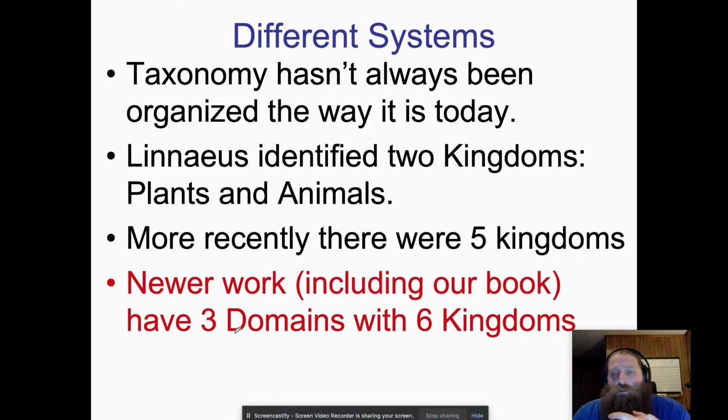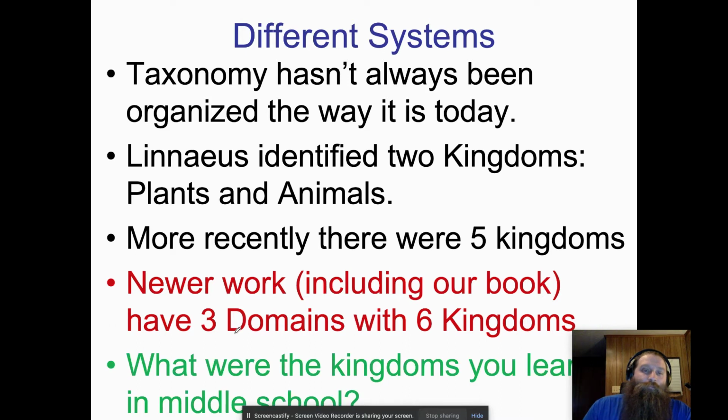So he only was classifying those things he could see, plants and animals. More recently, 5 kingdoms have been identified. And if you look in our book, you'll see that there are 3 domains and 6 total kingdoms. So that's where we are today.